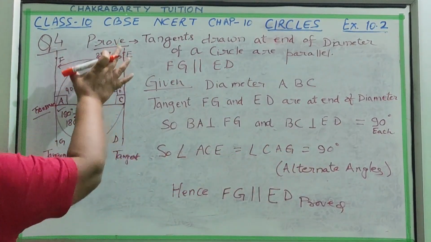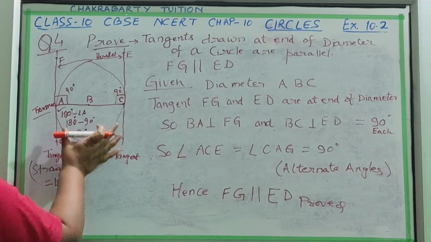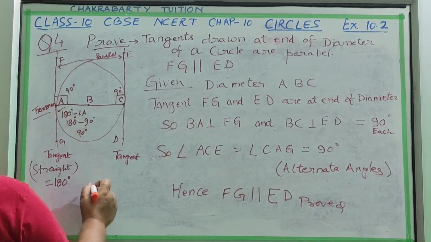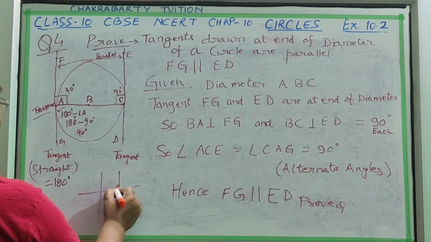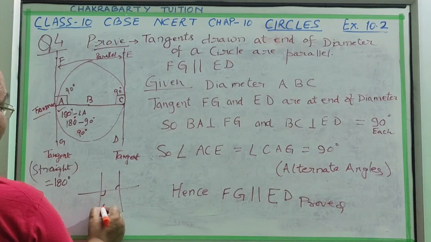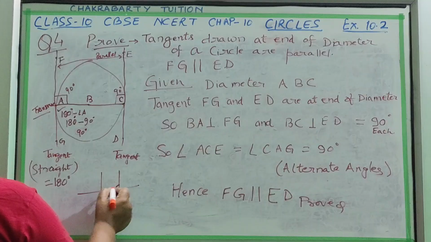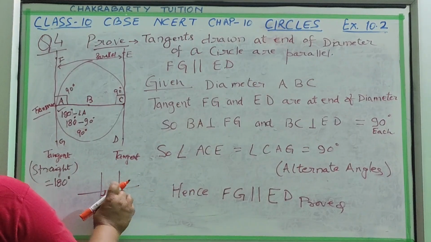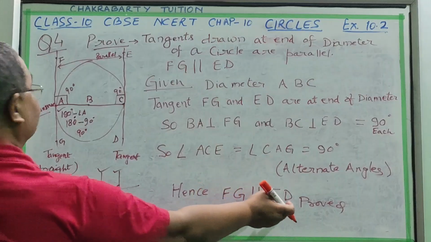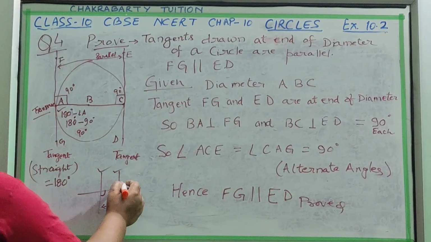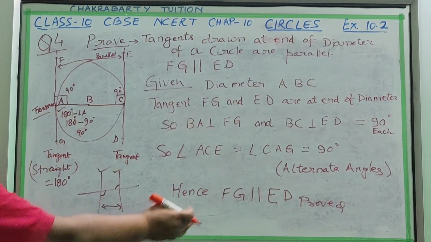It means that when two lines are cut by a transverse line and the interior alternate angles are equal, this line and this line will be parallel. So this line is parallel, it is proved. This transverse line cuts the two lines, so this is proved.